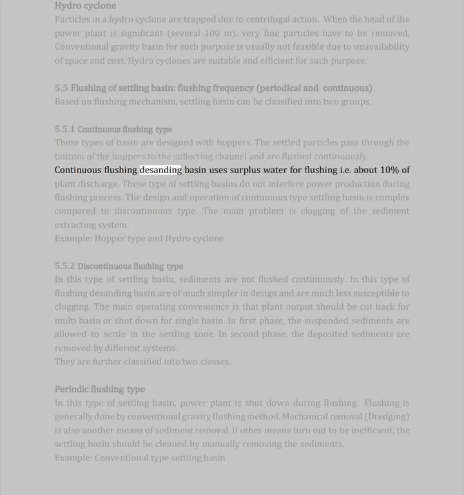Continuous flushing settling basin uses surplus water for flushing, i.e. about 10% of plant discharge. These types of settling basins do not interfere with power production during the flushing process. The design and operation of continuous type settling basin is complex compared to discontinuous type. The main problem is clogging of the sediment extracting system. Example: hopper type and hydrocyclone.